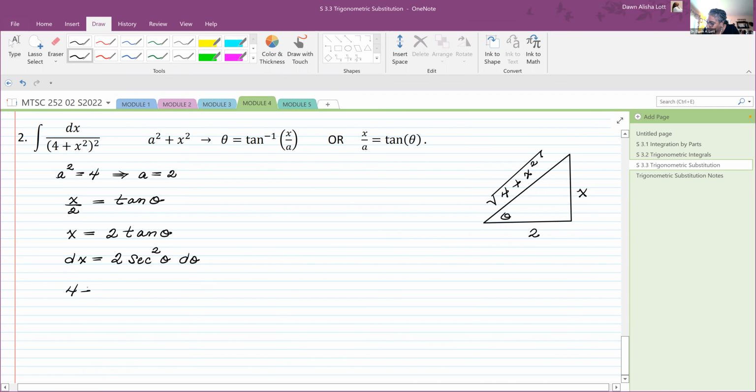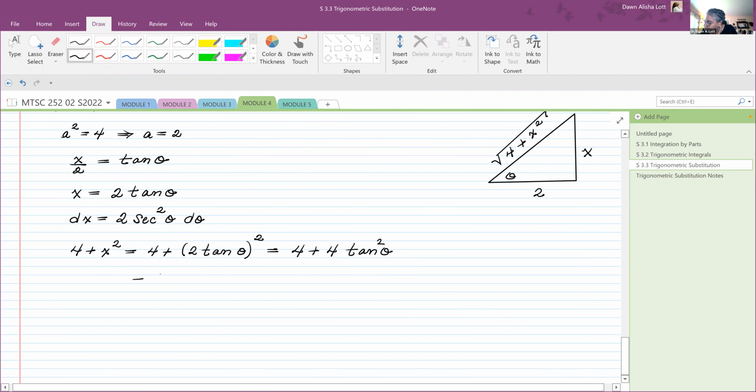So 4 plus x squared is 4 plus 2 tangent of theta squared. So that's 4 plus 4 times the tangent of theta squared. I'm going to factor out a 4 and I'm going to get 1 plus tangent squared. And that was one of my formulas. That is secant squared of theta.